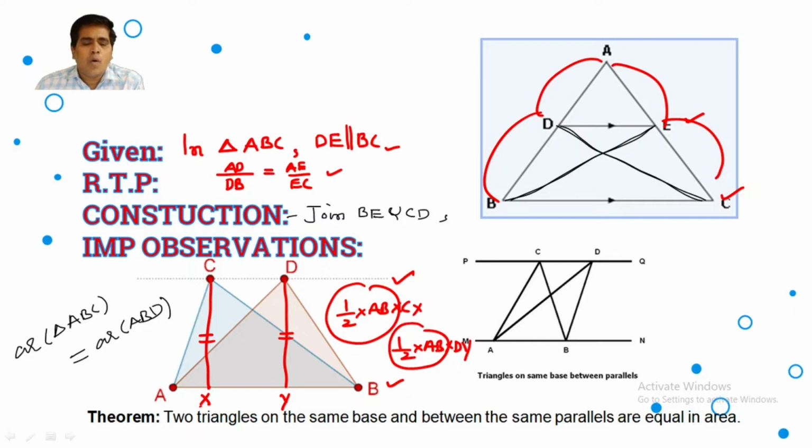Just now you have observed that CX and DY are equal, because the distance between two parallel lines is the same everywhere. So that's why these areas are equal. Area of ABC is equal to area of ABD. That is a very, very important point we will use in this theorem while we are proving.